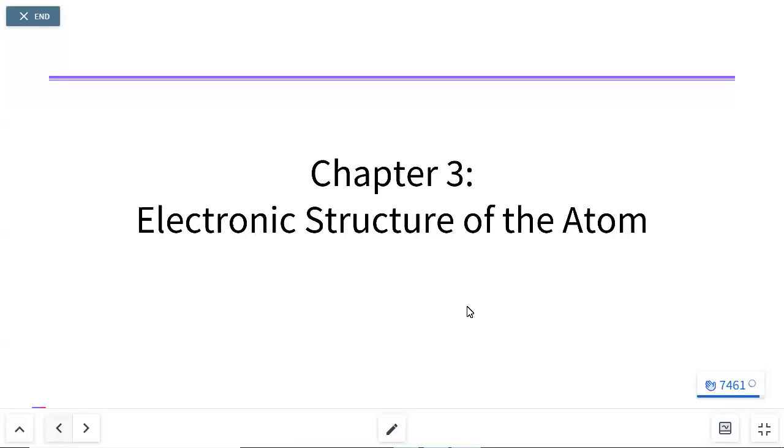Okay, so we're getting into chapter 3, which is our third module here. This is all about the electronic structure of the atom.